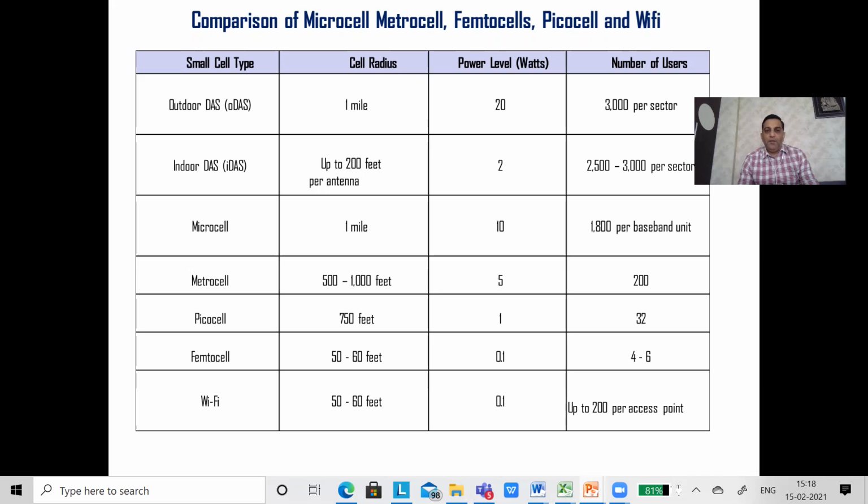If we compare the different parameters, for the outdoor DAS system the cell radius will be 1 mile, the transmitted power level is 20 watts, and 3000 per sector is the capacity. While the indoor DAS system has a cell radius of up to 200 feet per antenna, a transmitted power level of 2 watts, and provides services to 2500 to 3000 users per sector.